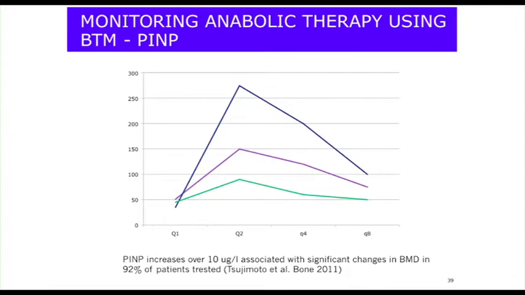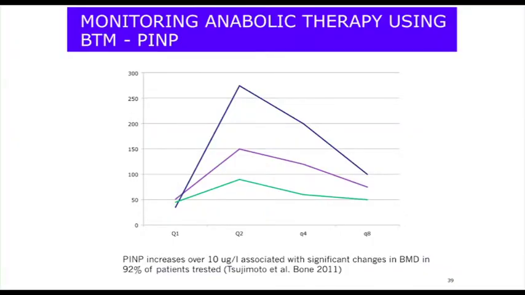There's a huge variability, but the least significant change of the drug permits you to say that these are all significant changes. And this is the interesting period, because after that, as we know, the response of the bone cells to PTH will decrease, still building new bone, but not as much as at 6 months. So if you want the optimal response to PTH, measure P1NP at 6 months, and you are able to tell the patient how they will end up.